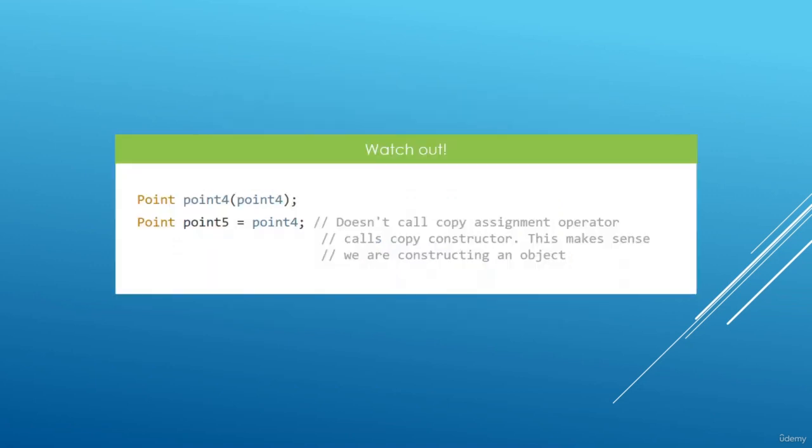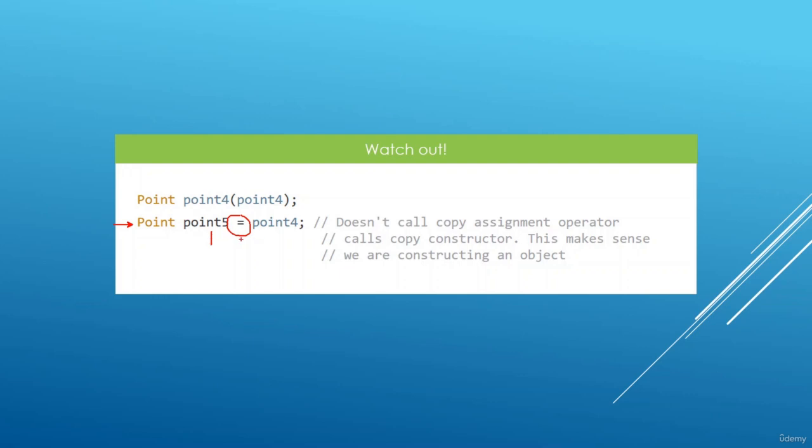One thing you need to be careful about is that a piece of code like this is not going to call the copy assignment operator. One might think that because we are using the assignment operator here, this is going to call the copy assignment operator. But watch your steps. What we are doing here is constructing a p5 object.